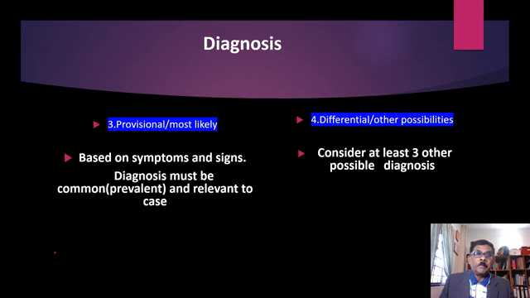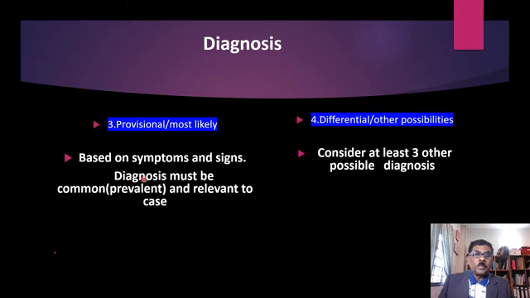With this summary, you then consider the diagnosis. You come to the most likely diagnosis, or the provisional diagnosis, which is only one, and this provisional diagnosis must be based on the symptoms and signs alone that you get from the case scenario or from the patient.